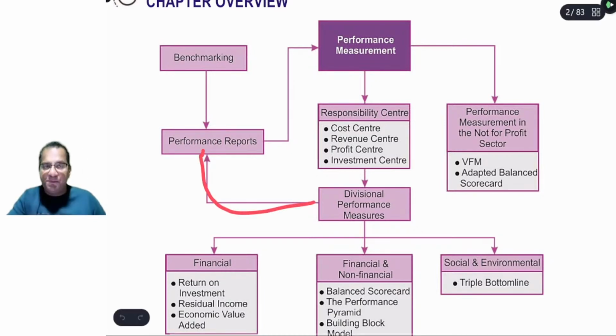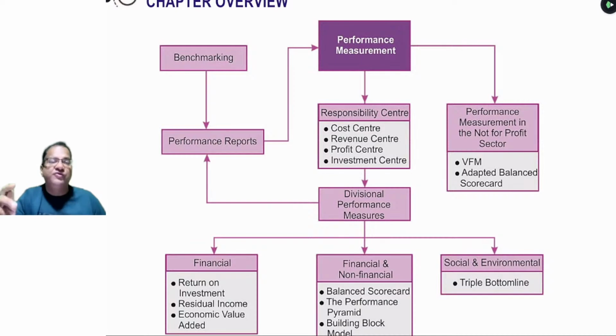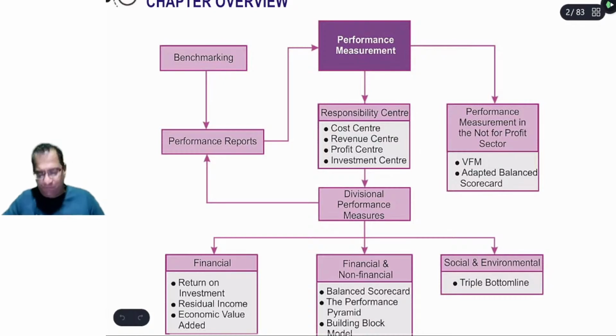That performance report will be submitted to the strategic level of management, and that performance report will be benchmarked not only from internal but also from external. So all the topics are there. And the last topic in this particular chapter is, can only the organization whose objective is to earn profit measure their performance?